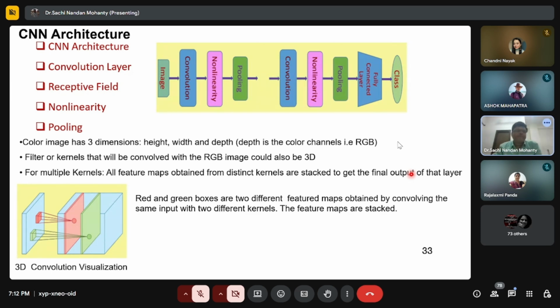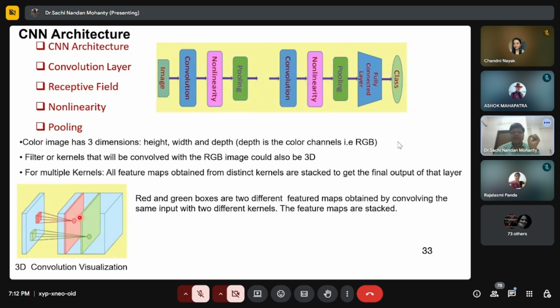Similarly, in a CNN architecture, we can have the convolutional layer, the receptive field, non-linearity, and pooling. For color images, you can call it a 3D convolution neural network. Similarly, you can have a 2D convolution neural network also. In each convolution you can find the kernel and its size, and the kernel passes all over the receptive field and extracts the information.